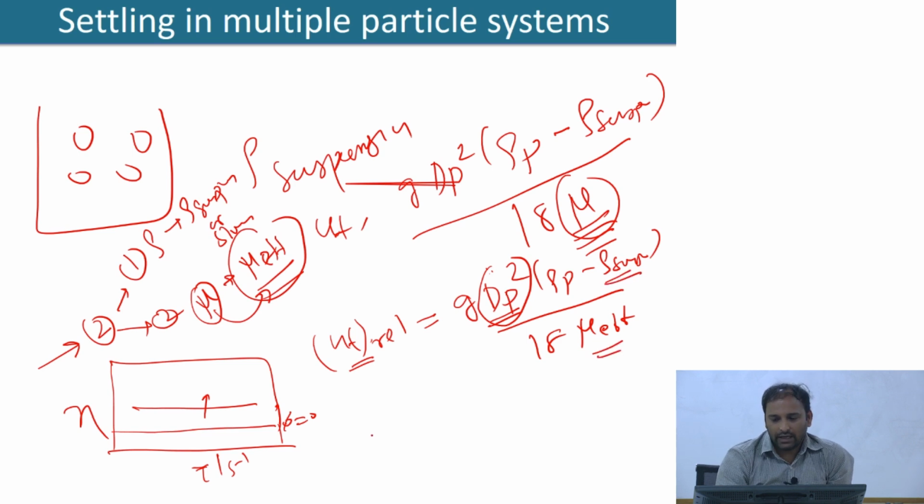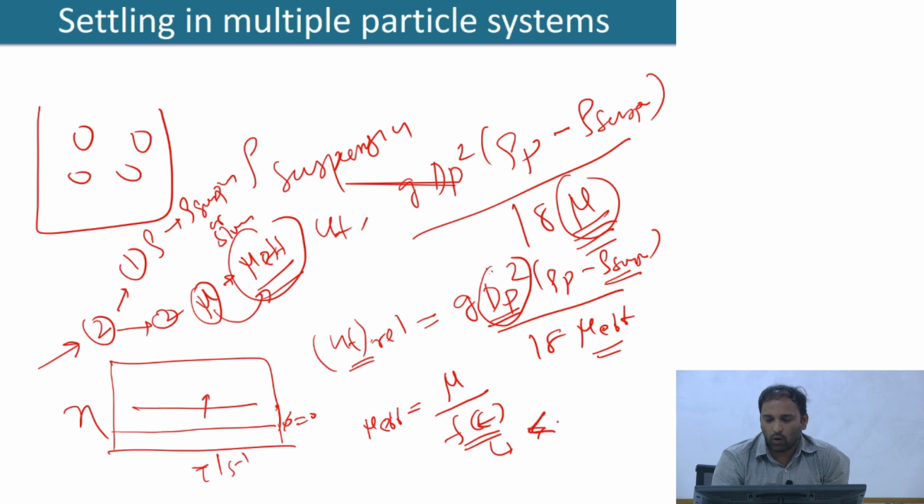And as I said, this mu effective is typically written as mu times some function f of epsilon. This function f of epsilon should be less than 1, because the mu effective is typically larger than the viscosity of the fluid itself.